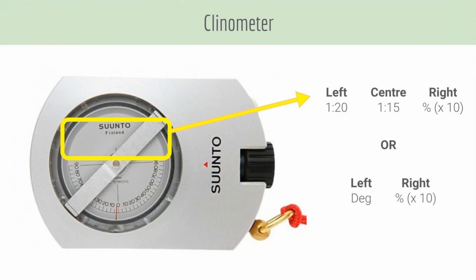So the face of your clinometer is important because it'll tell you which value in the eye hole corresponds to which scale. So again, if you have a clinometer with the pre-calculated height, for instance, you're looking at the scale on the far left, that will be the measurements for the height of an object that's 20 meters away from you. Take note of this because it's going to determine what kinds of calculations you'll need to do.